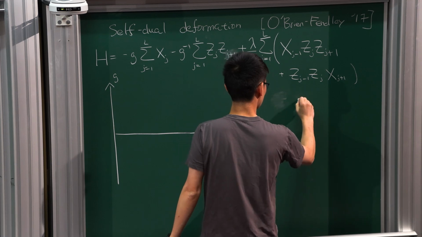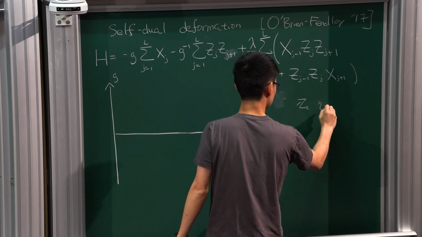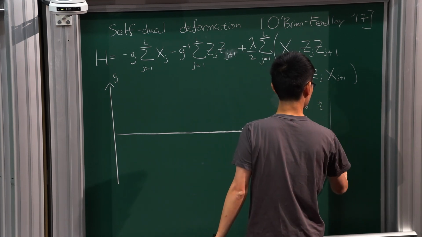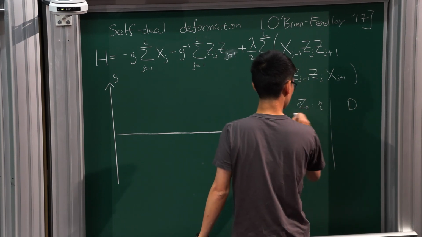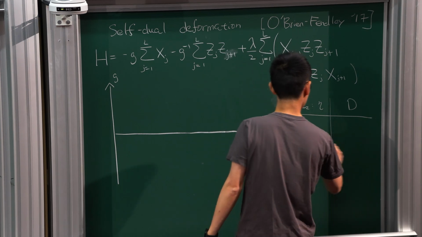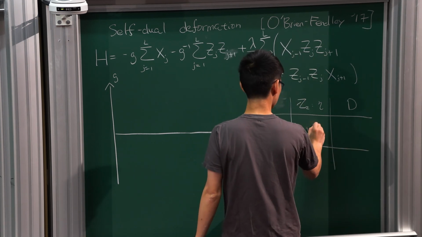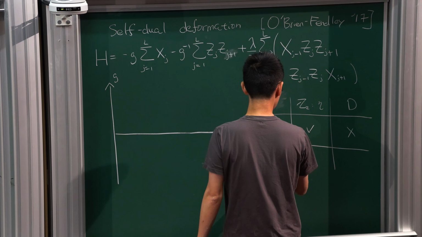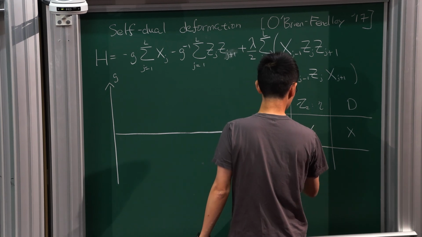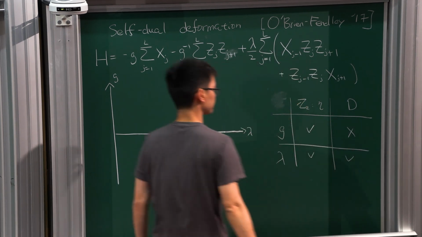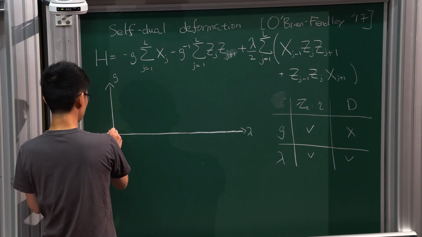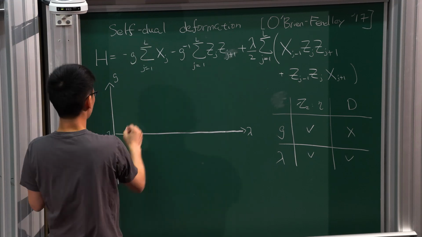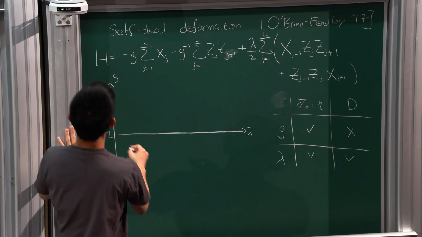The Z2 eta symmetry and the non-invertible symmetry D. The g deformation preserves the Z2 but breaks the non-invertible symmetry. The lambda deformation preserves both. So when lambda is 0, this phase diagram was already up there. Let me just reproduce it.